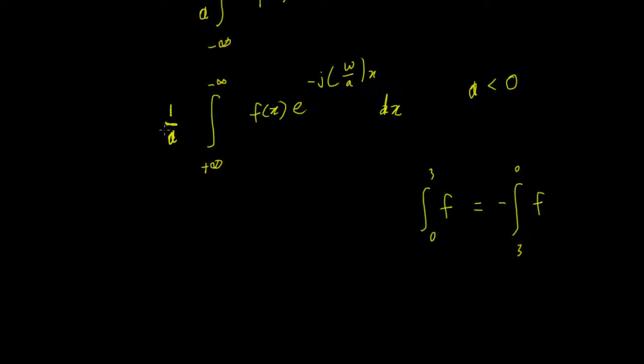So it means that we're going to have a negative sign in here because we've swapped over the limits of integration. I suppose I could go through a wee example. You can see that there.